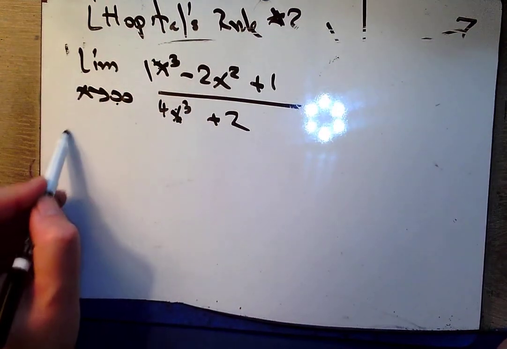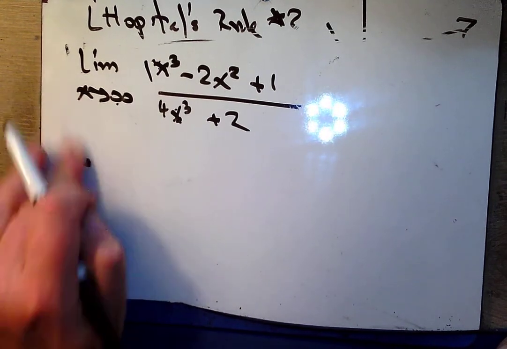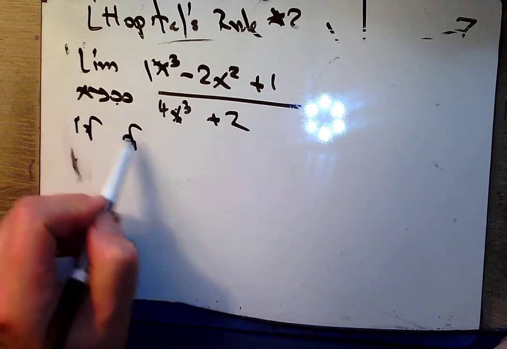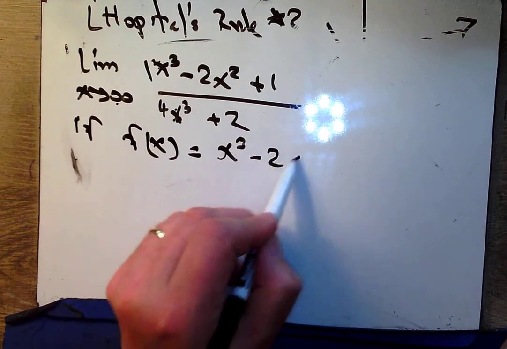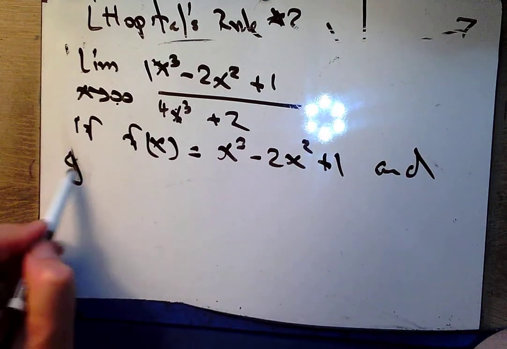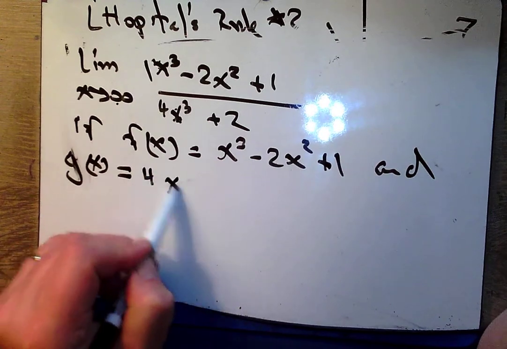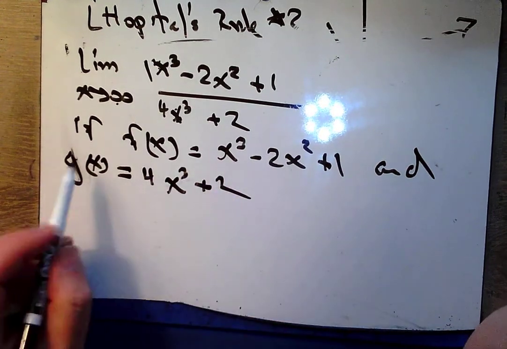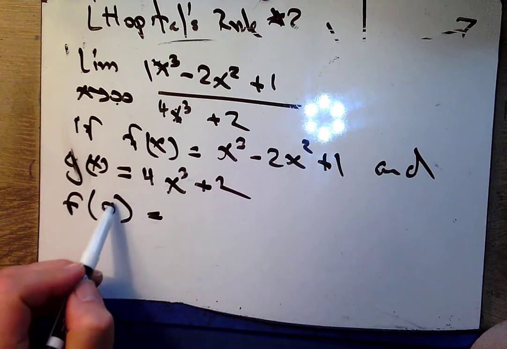So I'm going to say, if f equals x to the third minus 2x squared plus 1, and g equals 4x to the third plus 2, and f of 0, oops.